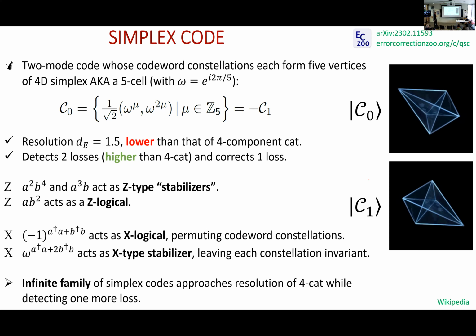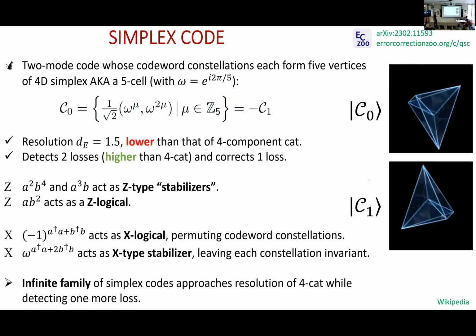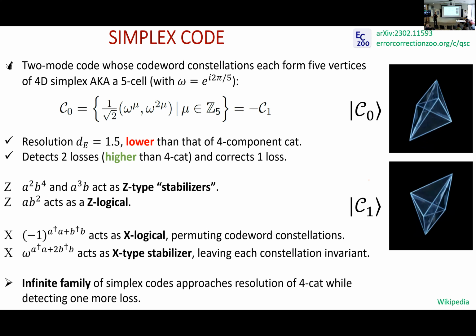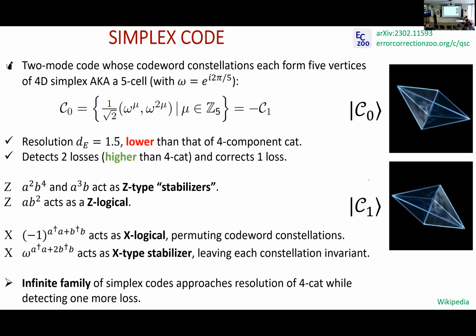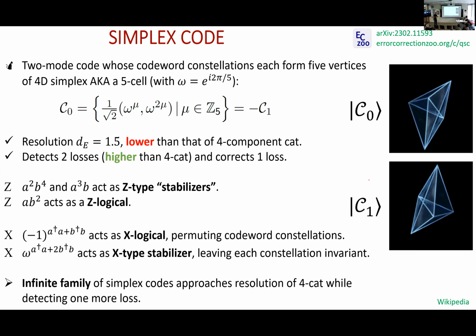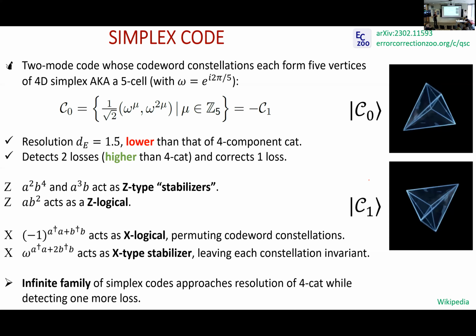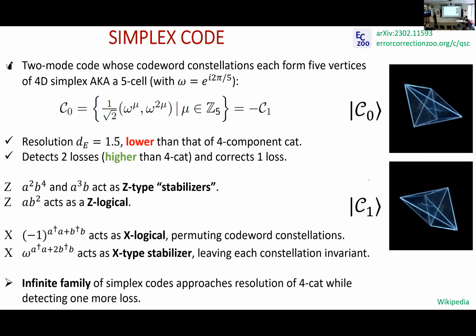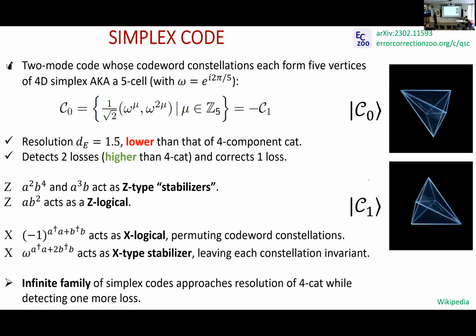Now, what I want to highlight here is that simplices exist in all dimensions, as we've already seen. So we can go off and create an infinite family of simplex codes. These do get a little better because you're packing in a higher dimensional sphere. The points get better and better distributed, and you approach the resolution.